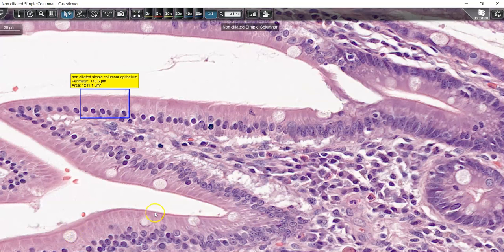These goblet cells can be recognized by the presentation of a pale mucus cup on the cells. The goblet cells are a distinguishing feature which allows us to differentiate between the epithelial fold of small intestine and the epithelial fold of gallbladder.